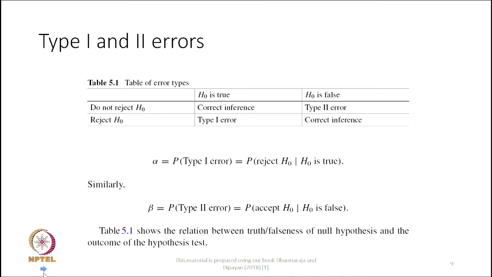Given the null hypothesis is true, still you are rejecting H naught based on the random sample of size n. That probability is called alpha, the probability of type 1 error. Whereas, given that the null hypothesis statement is false, you are still accepting the null hypothesis using a random sample of size n, and that probability is called the type 2 error, denoted by beta.